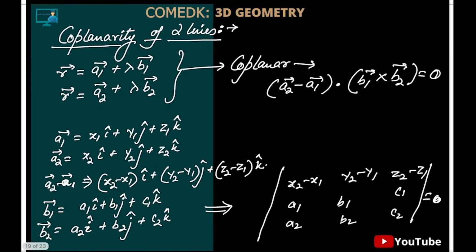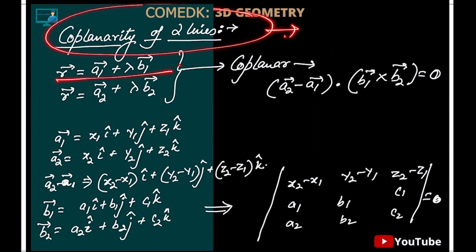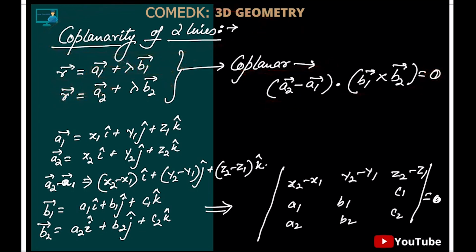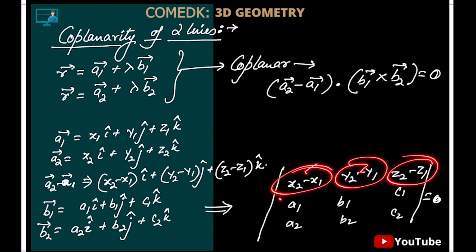Next, coplanarity of two lines means two lines lying on the same plane. So let's say this is the first line, A1 plus lambda times B1, and this is the second line, A2 plus lambda times B2. If they are coplanar, then the dot product will be what? 0, or we can do it by the determinant method. For the determinant method, you need to understand this: x2 minus x1, y2 minus y1, and z2 minus z1 is coming from the A2 minus A1 vector.